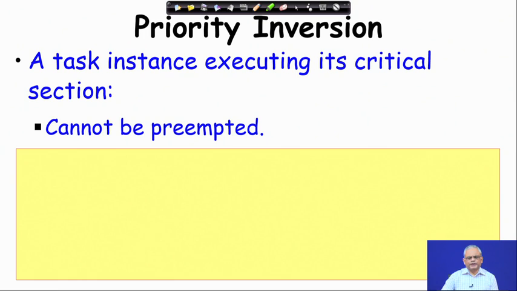To understand what is priority inversion, let us assume that a task instance, that is a job, is executing its critical section. And we know that when it is executing its critical section, it cannot be preempted, and for this purpose, let us say we use a solution like a semaphore. So, the task invokes the semaphore and then starts using the critical section.